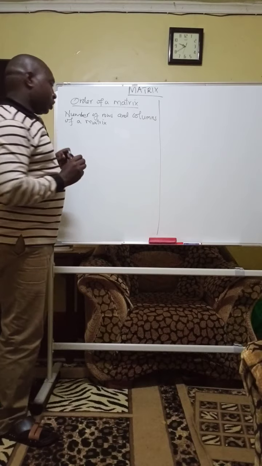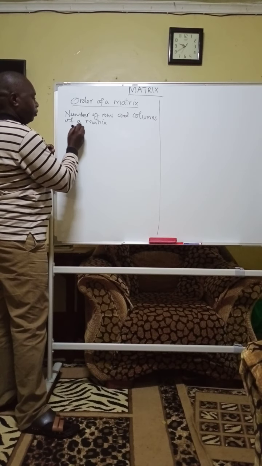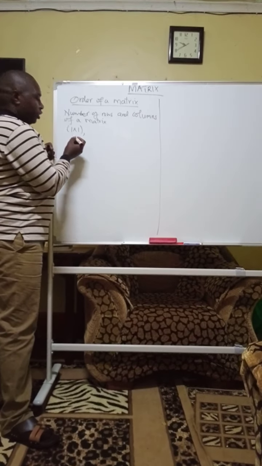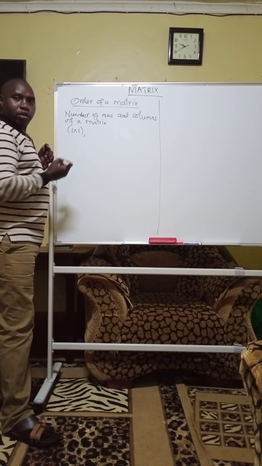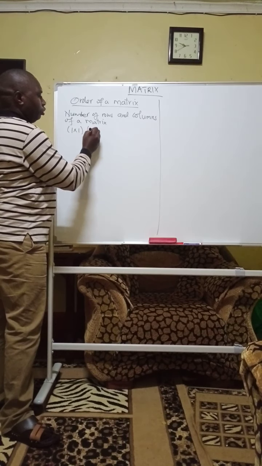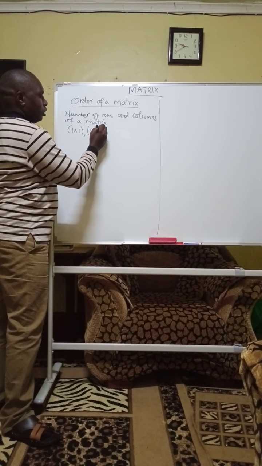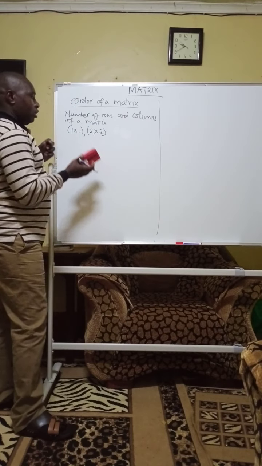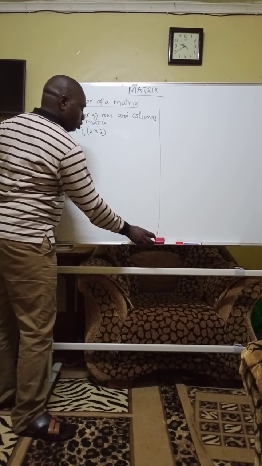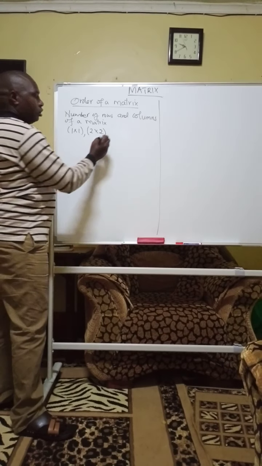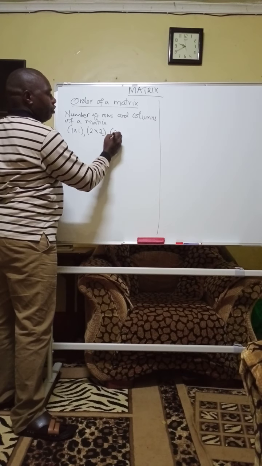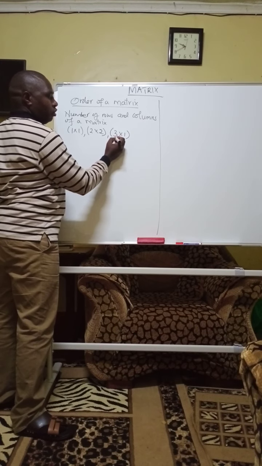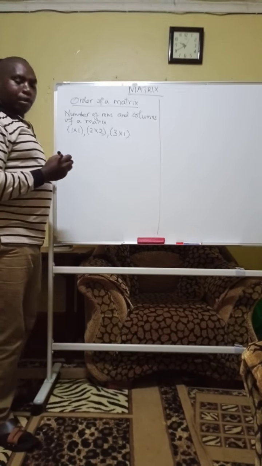Now, the order of a matrix could be 1 by 1, meaning that this matrix has 1 row and 1 column, or a 2 by 2 matrix, implying that this matrix has 2 rows and 2 columns, or even a 3 by 1 matrix, meaning that the matrix has 3 rows and 1 column.